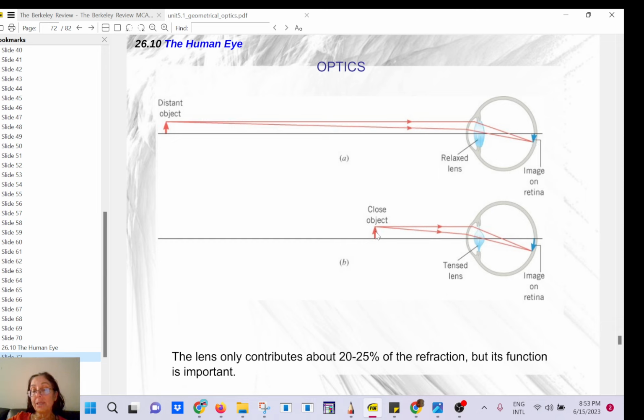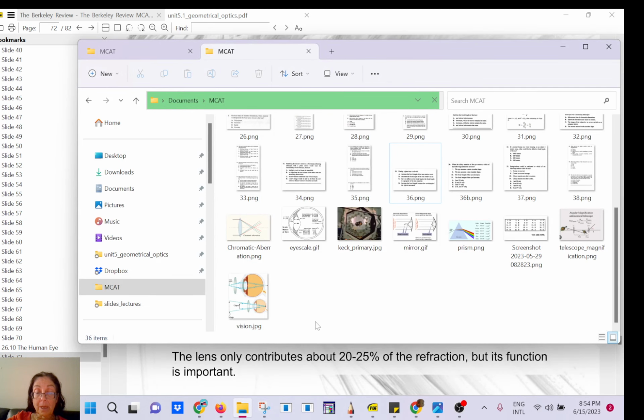And if the object is very close, then the lens has to adjust, so the muscles will contract, and it will make the lens thicker here, so we are still able to see the object. Okay, so that's the anatomy of the human eye.